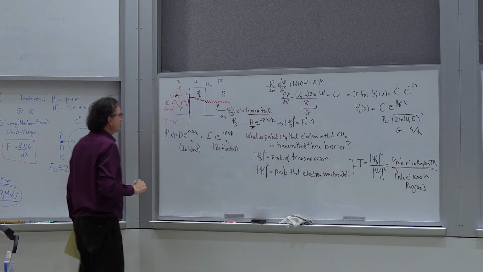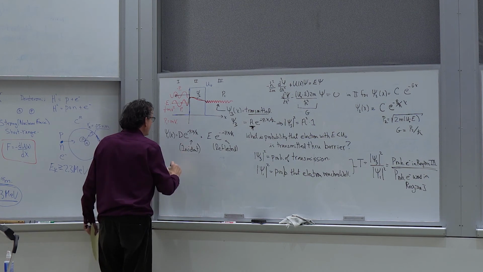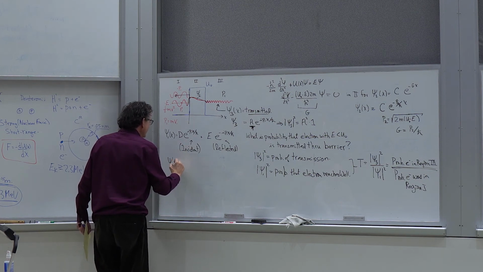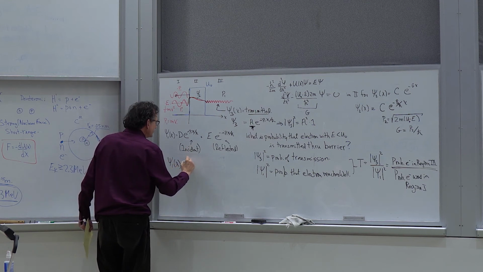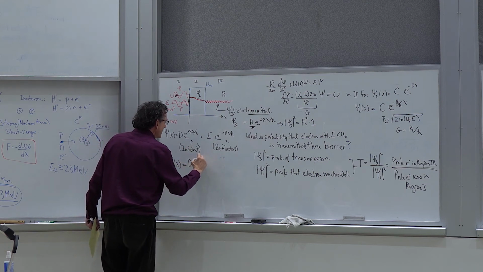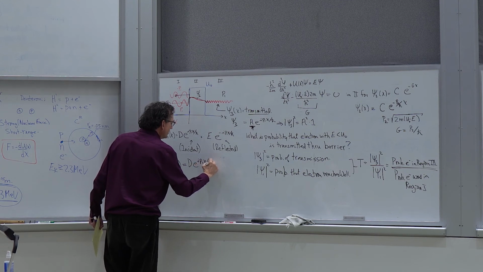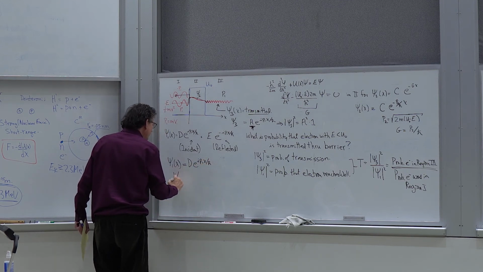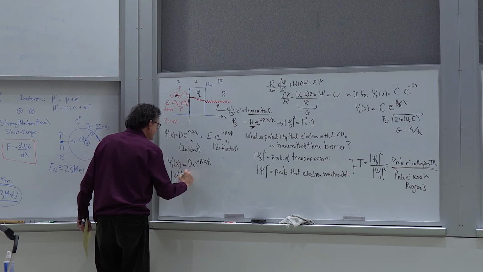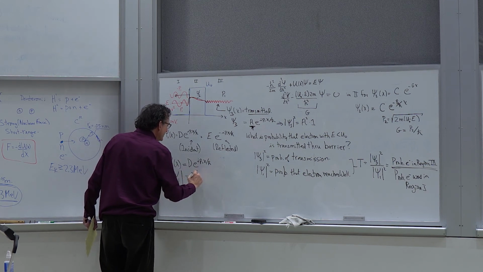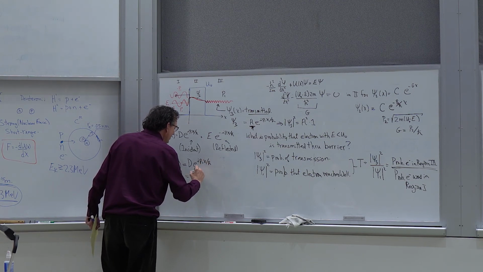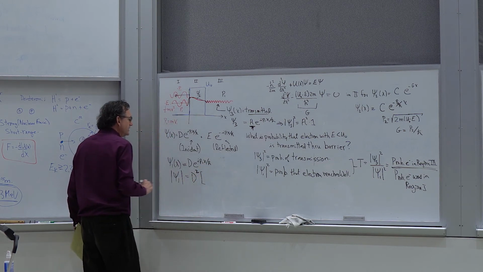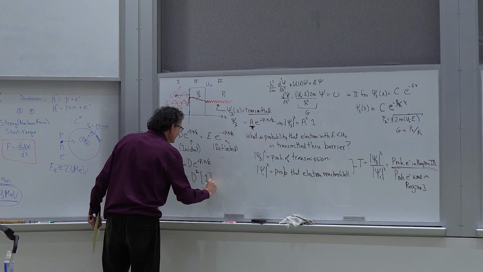And in the region of psi 1, this is the incident wave, psi 1 of x, and now I'm only considering the incident part, is equal to d times e to the i p1 x over h bar. And the absolute value of psi 1 squared is equal to d squared times the absolute value of e to the i p x over h bar. And from the notes that I handed out to you a week or so ago, this value is equal to 1. Right?